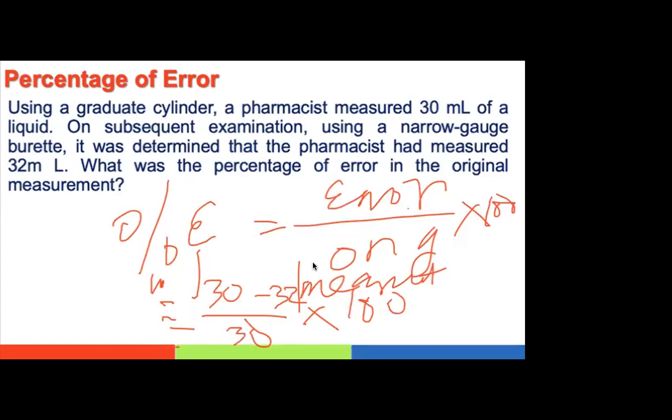When it's a final answer, let's conveniently use 2 decimals. 6.67%. Question, is an error of 6.67% acceptable? What do you think? Yes? If your analysis is quantitative, it's not acceptable. You know what? In the plant, I'm affiliated with a plant, our acceptable error is less than 3%.